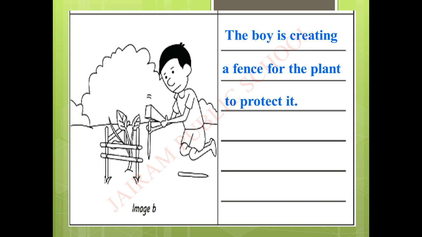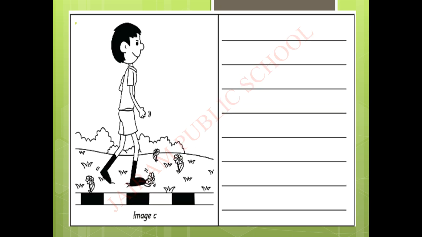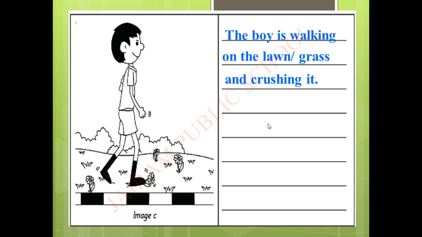So the image B picture you need to color. What is the third picture given? Image C. A boy is stamping on a plant. Is this action correct, children? No, it's wrong. So how can we describe this? The boy is walking on the lawn grass and crushing it. Yes, of course, he is doing the wrong action.